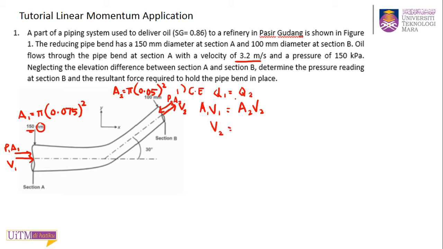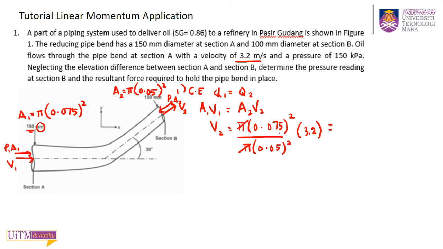So V2 equals A1, pi times 0.075 squared, over A2, pi times 0.05 squared, times V1, which is 3.2. So what is V2?